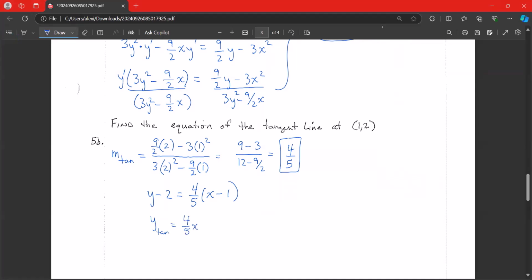And then of course we can distribute and we'll get negative 4/5, and then we add 2 on both sides, and we should end up with 6/5. So remember, distribute, add 2 on both sides, combine your like terms. And here is the equation of our tangent line.